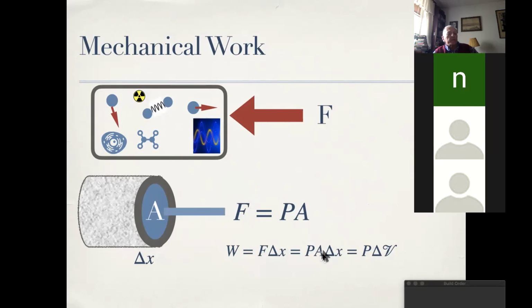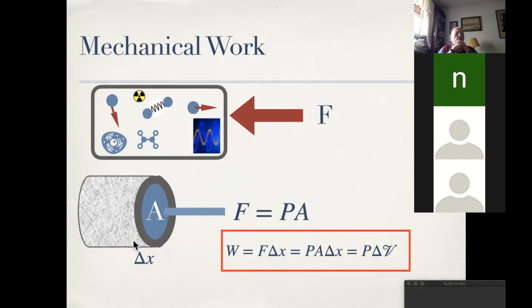So the work is pressure times area times delta x. But what is A times delta x? This is nothing else than the change of the volume of the container, and therefore the work done by our external force moving the piston is equal to pressure times the change of the volume.